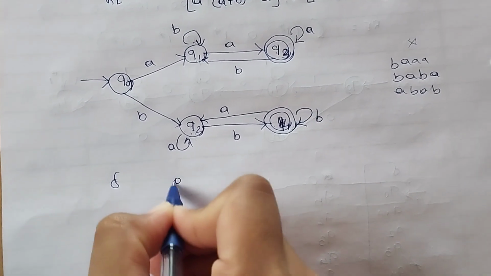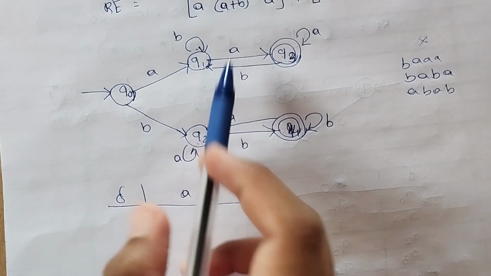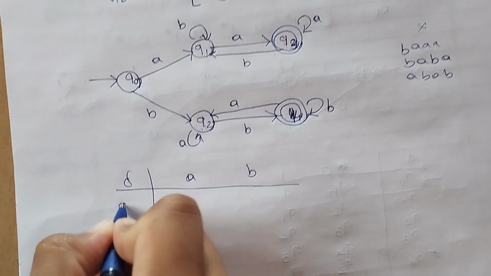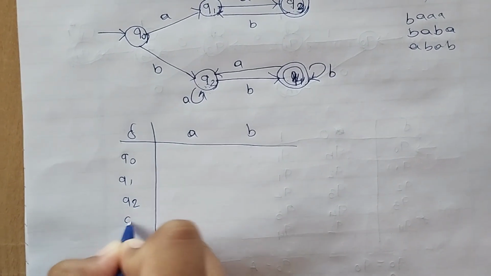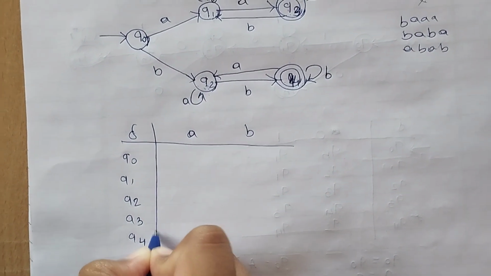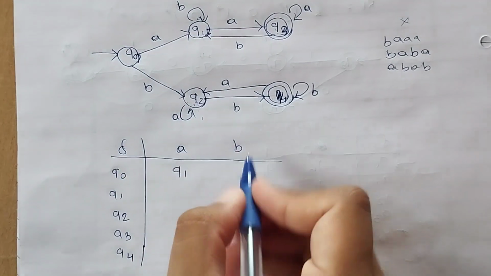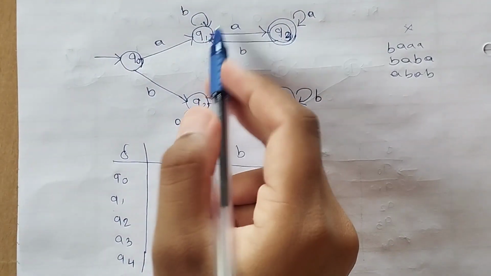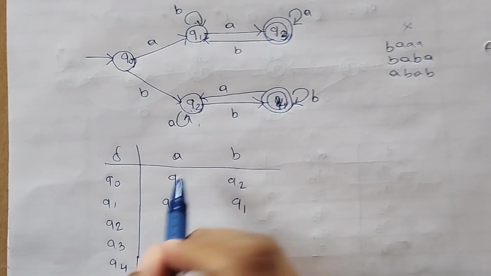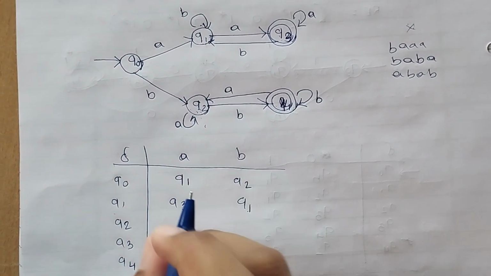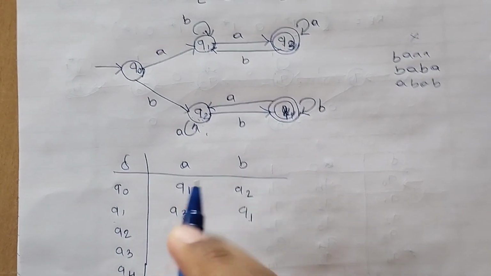So the inputs here are a and b. States are Q0, Q1, Q2, Q3 and Q4. Now a goes to Q1 and b is transferred to Q2. From Q1, a is transferred to Q3 and b is transferred to Q1 itself. Only one state we write here. If in any case two states come under one variable, then this is not a DFA.